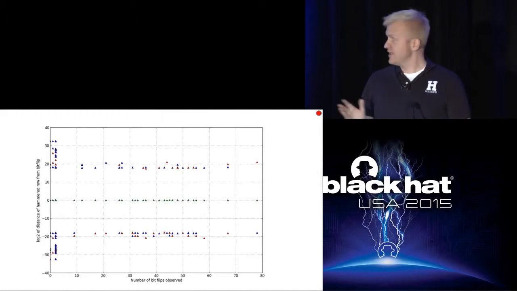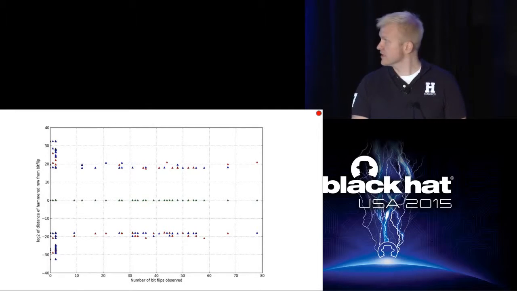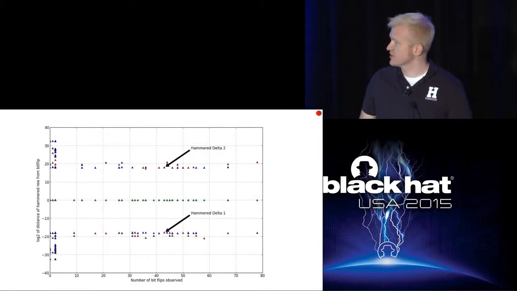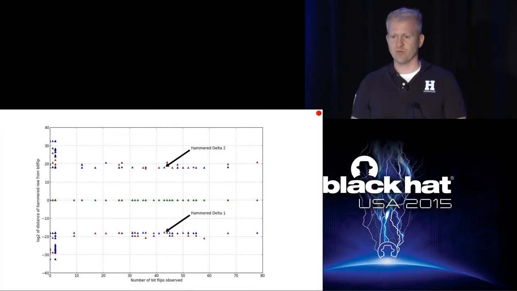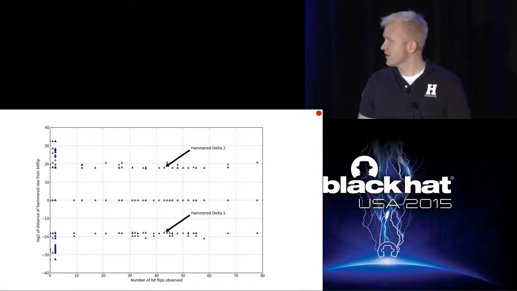But to the right-hand side, you see fairly consistently, well, this is just an illustration, so you see we're hammering, like a blue triangle means this is hammering above one of the addresses that we were targeting, a red triangle is the other target that we're hammering.